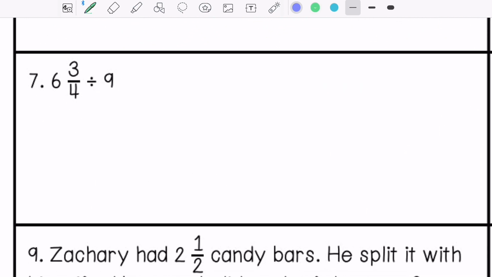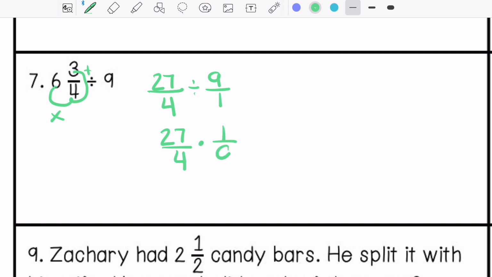All right, number 7, 6 times 4, 24, so this is 27 over 4 divided by 9 over 1. Keep, change, flip. Greatest common factor between these is 9, so 3/4.